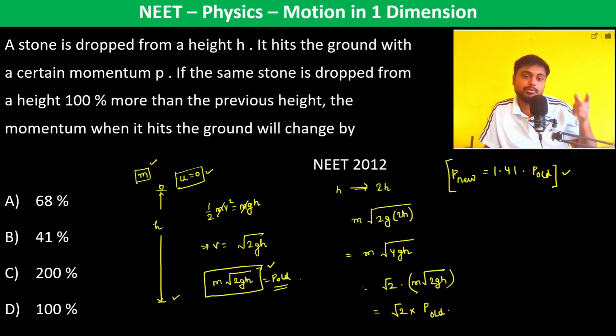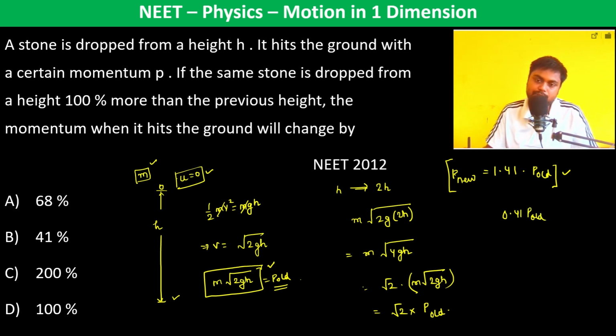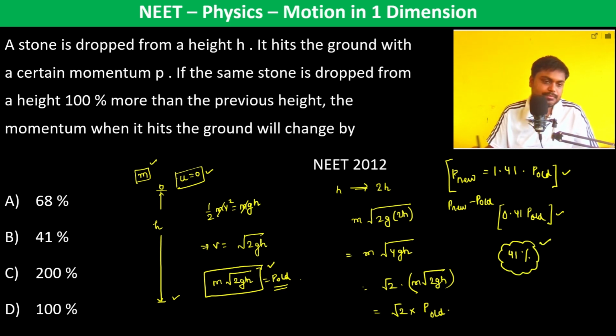So it has changed by 0.41. Basically P new minus P old is 0.41 P old, so the change is actually around 41%. Therefore B is going to be the answer.